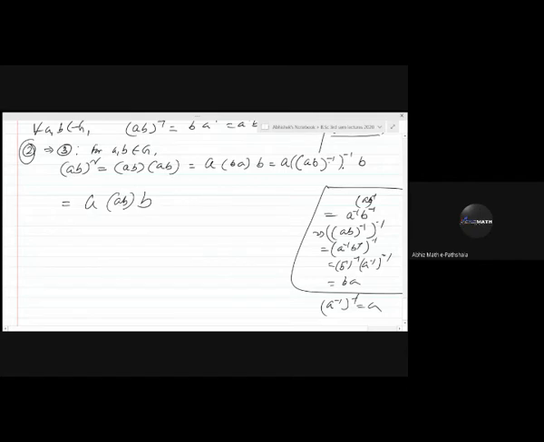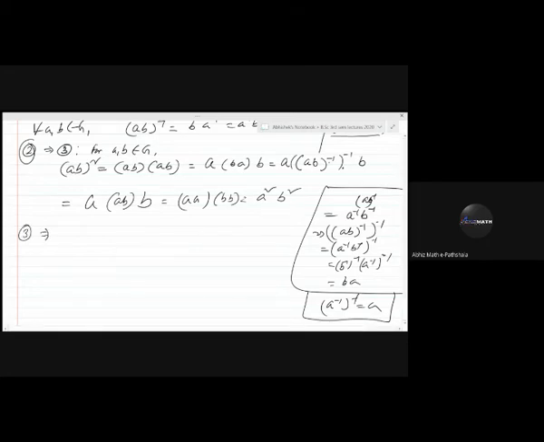So using this one you can say that inverse of (ab) inverse is ab. So you can write it as a square b square. Thus we have proved that (ab) square is a square b square if 2 holds.